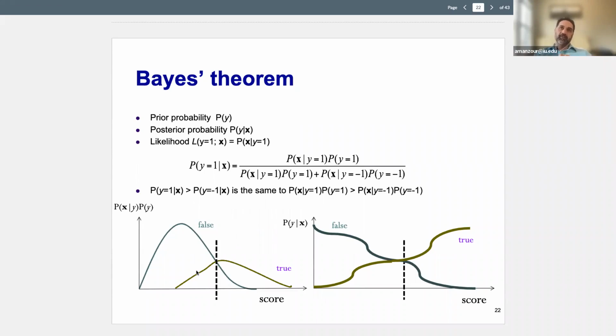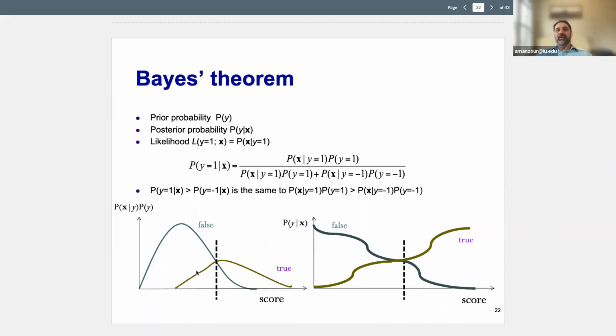P of Y is a little more tricky. P of Y is the likelihood of a known protein. Let's say over that year, I use my mass spec machine 1,000 times, and 20% of those times, 200 times, it was actually a known protein that was sequenced, a protein known to the database and to my mass spec machine.